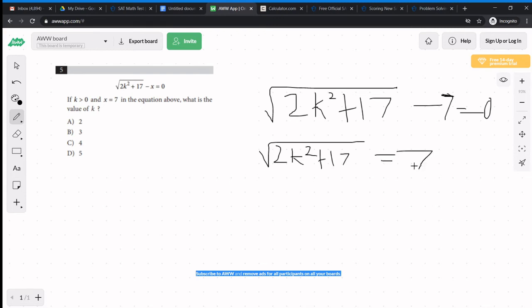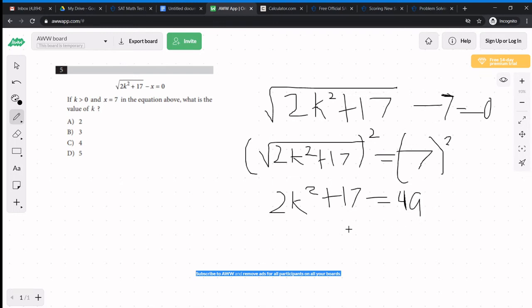This way, we can just square both sides of the equation, and all of a sudden this radical is no longer a problem. So whenever we have an exponent inside of a radical, get it by itself on one side of the equation, and then square the equation. Get the radical by itself and square it.